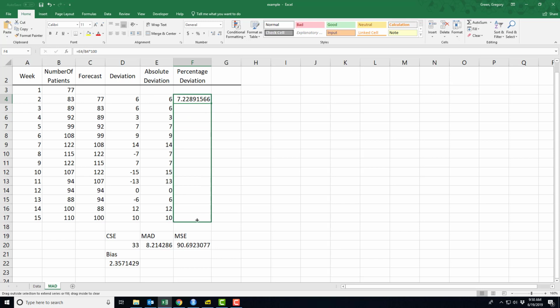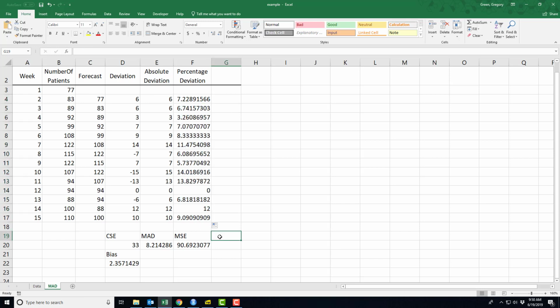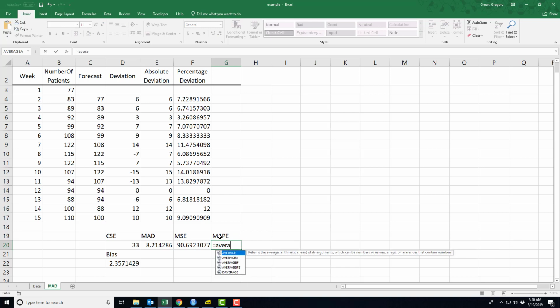But this mean absolute percentage error, MAPE, is equal to the average of each of these percentages. Now the one thing we can do with this number is compare not only across models, but across data sets and see what is giving me the smallest percentage error. How can we do that?